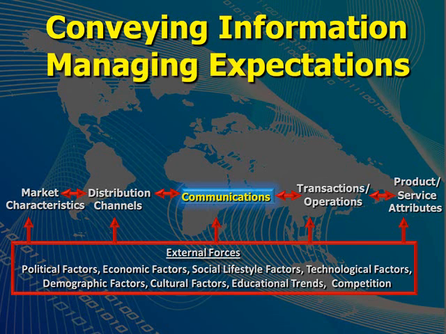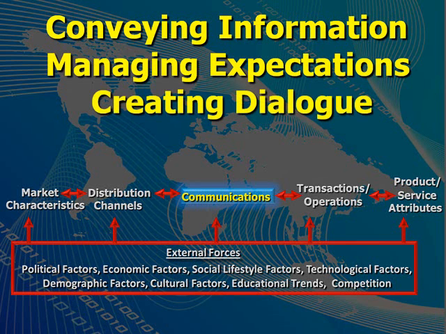We don't want customers and prospects to have unrealistic expectations, nor do we want to make false claims or promises. Third is creating dialogue. This is the interactive characteristic or feedback loop. Though the desire for this characteristic has always been around, it has become especially prominent with the emergence of social media in recent years.